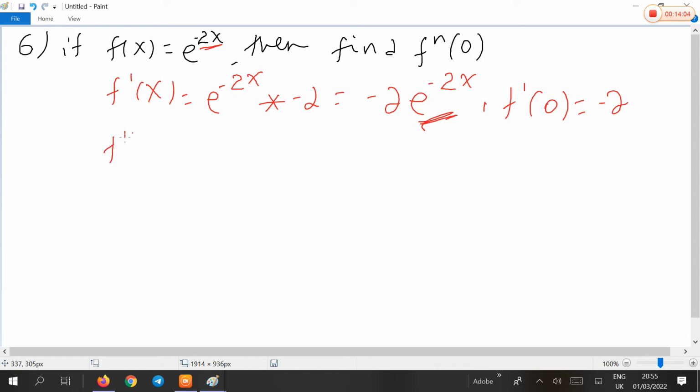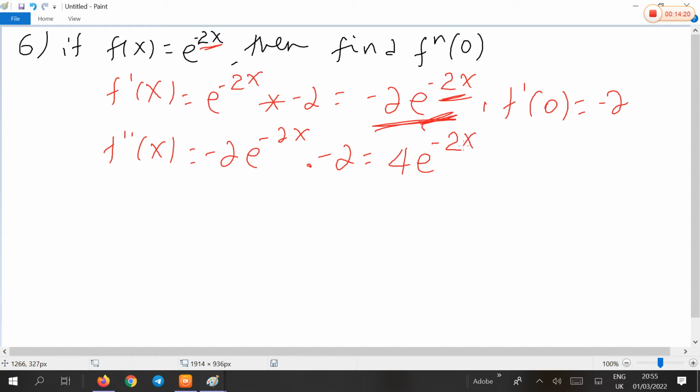Then the second derivative will be: here we have minus 2 times e to the power of minus 2x times the derivative of minus 2x, which is minus 2. It will be minus of minus 4, that is 4 times e to the power of minus 2x. So the second derivative at 0 will be 4.